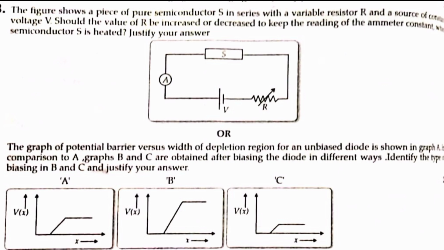So here the potential barrier versus depletion region is shown, and in B and C, these two are the cases of biased diodes. So we have to identify the type of biasing, that is which type of biasing we have used here, and we have to justify the answer also. So these 2 questions we can answer now.